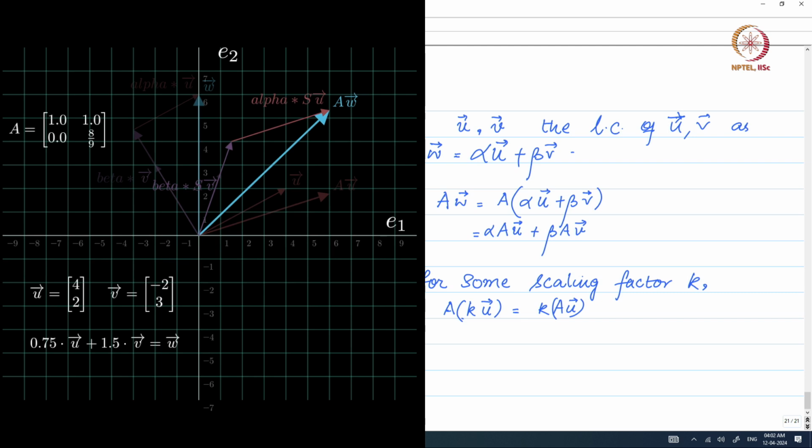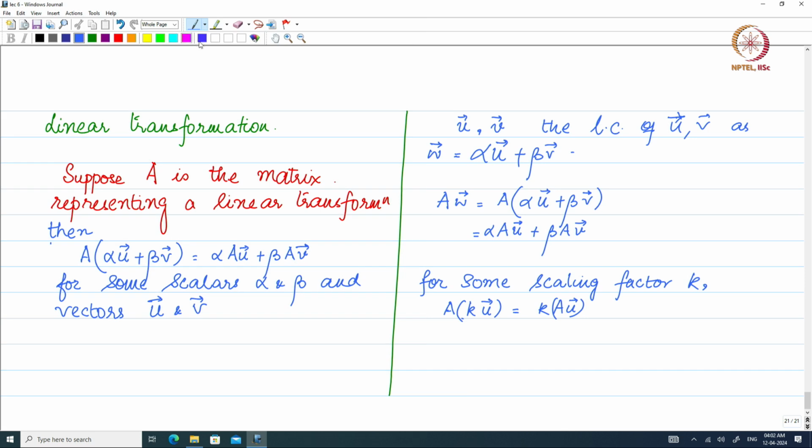And again, let me make the disclaimer that we are just looking at A, which is a 2 by 2 matrix, and therefore u and v are all 2 component vectors. We are still hovering around 2 dimensional space.